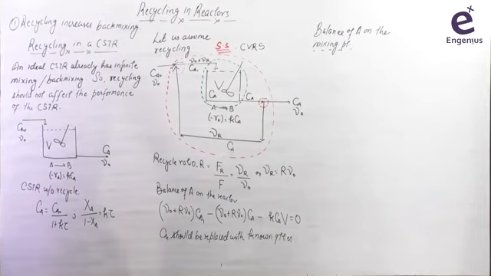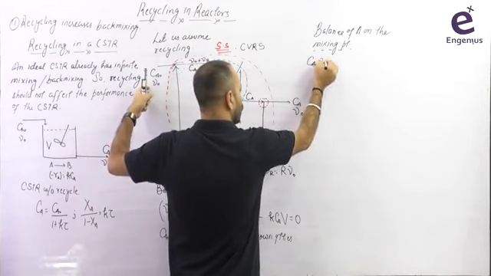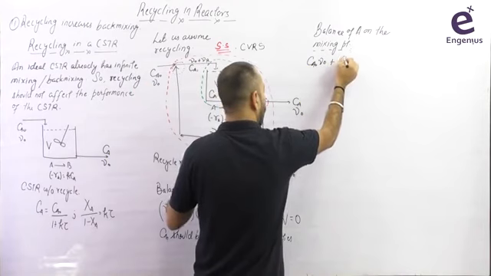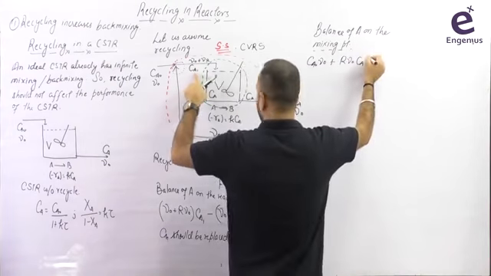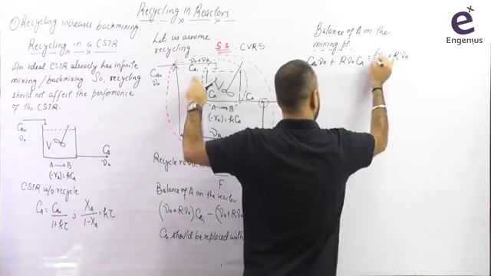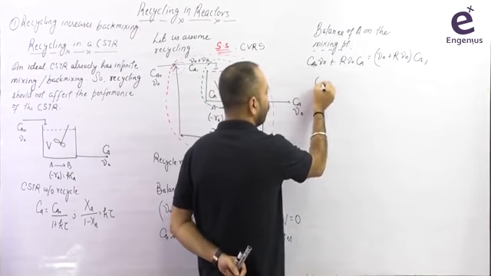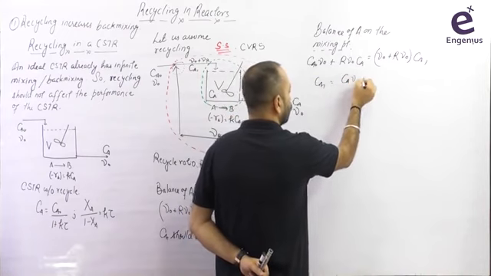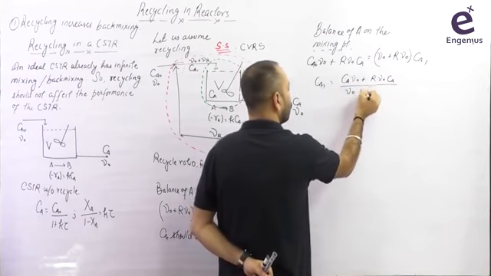So how to write balance on the mixing point? What is coming in from here? CA0 into nu naught. What is coming in from here? Nu R, which is R nu naught into CA, everything is known till now, is equal to nu naught plus nu R, that is nu naught plus R nu naught, multiplied by CA1. And from here you can now take the value of CA1 is equal to CA0 nu naught plus R nu naught CA divided by nu naught plus R nu naught.